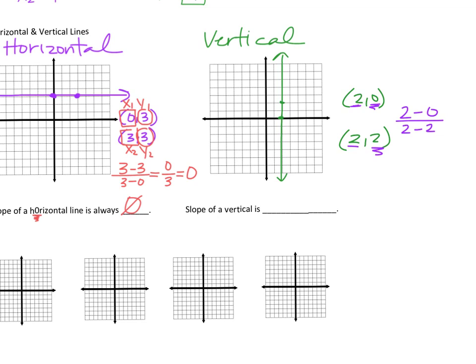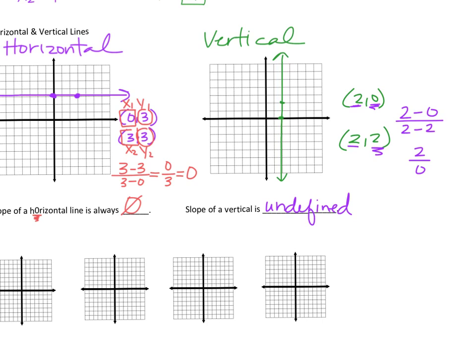Okay, notice what happens here. We get 2 divided by 0. What's 2 divided by 0? Plug it into your calculator. It's going to be an error, a syntax error. That's because the slope of a vertical line is undefined.